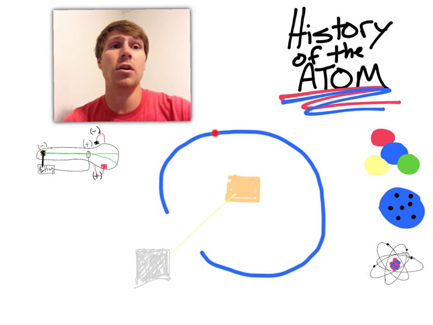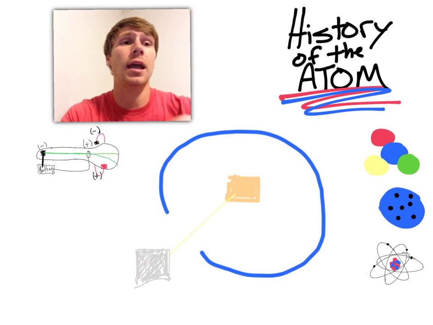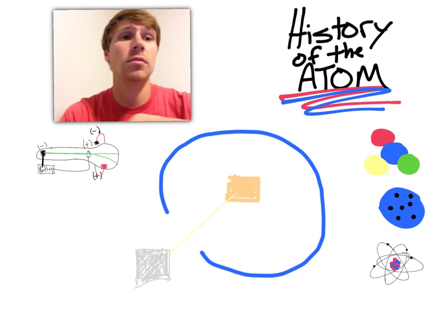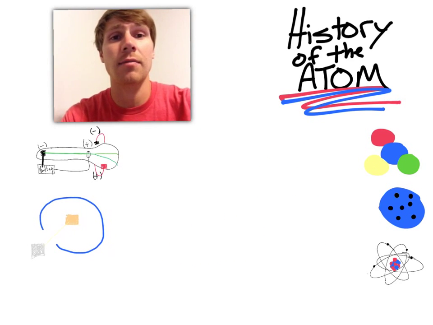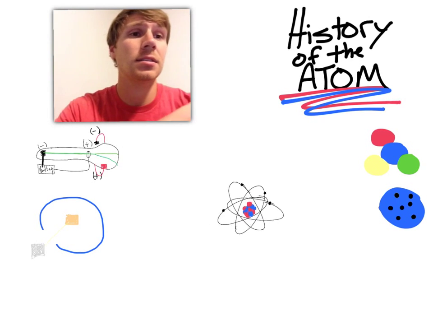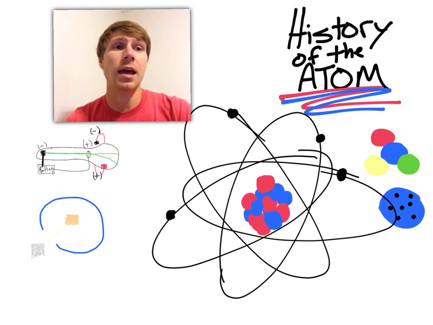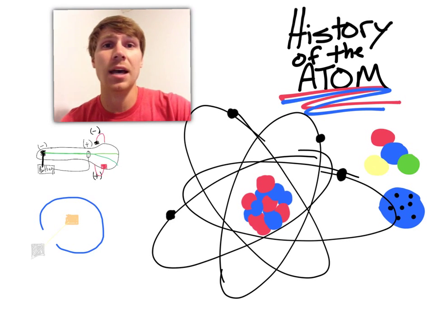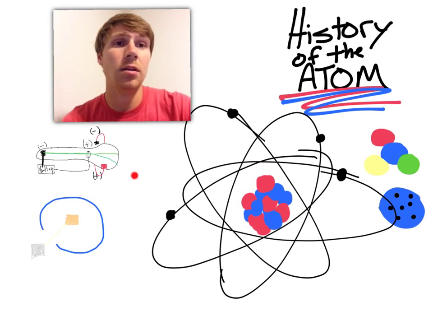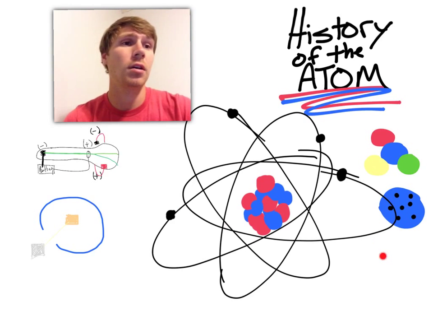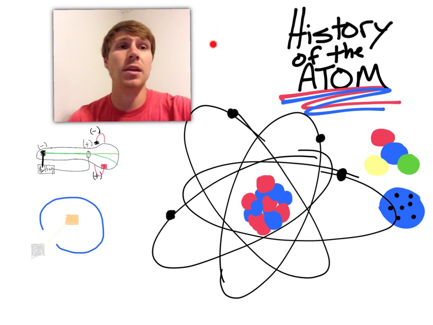So this is what we call the gold foil experiment, and it led us to this picture of the atom again. If we go back and look at this, basically we had 10 of these atoms lined up side by side, one here, one here, one here, another one over here. Most of the particles were getting shot straight through.